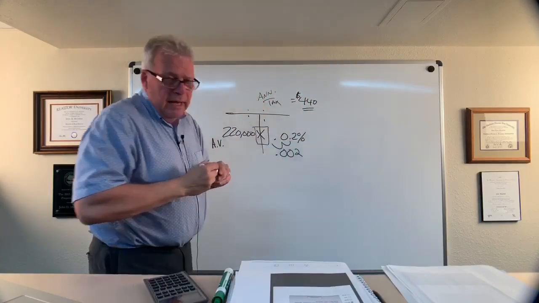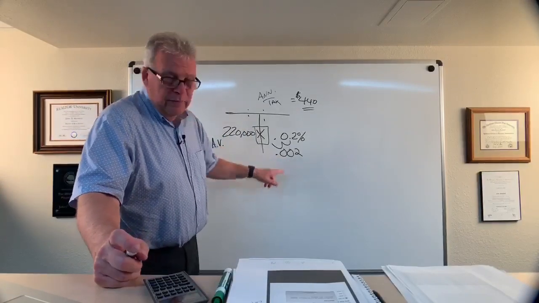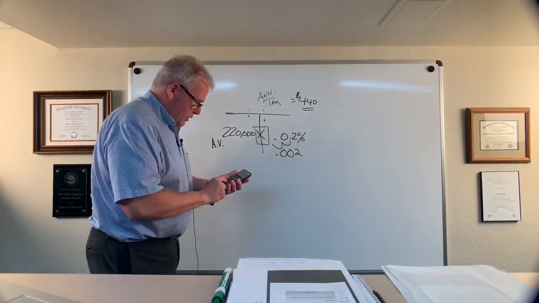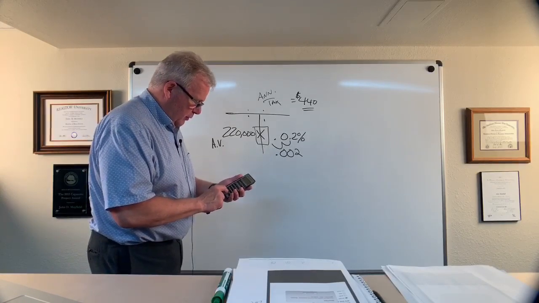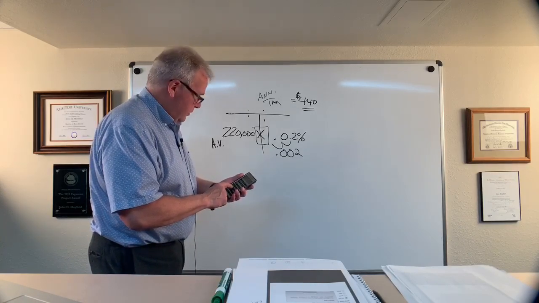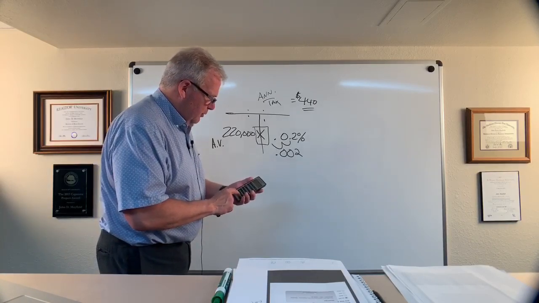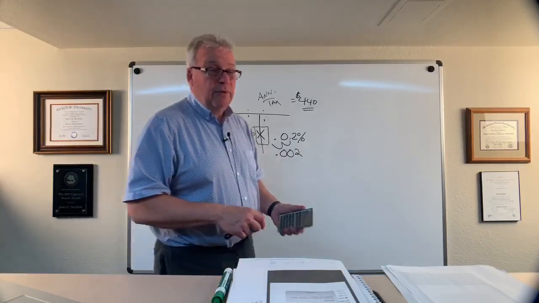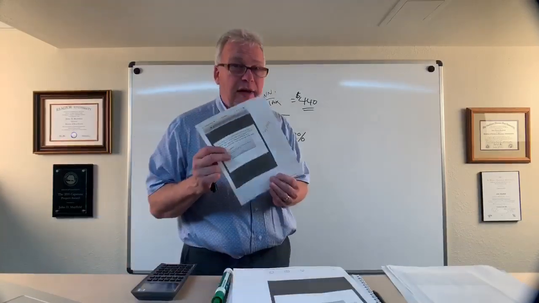Now, I was looking at this, and the gentleman who sent me the questions in took $4,400, and I know what you did wrong. You didn't add that extra zero. Probably you took the 220,000 times 0.2, and that would give you $4,400, but it's 0.2% is what the question has.